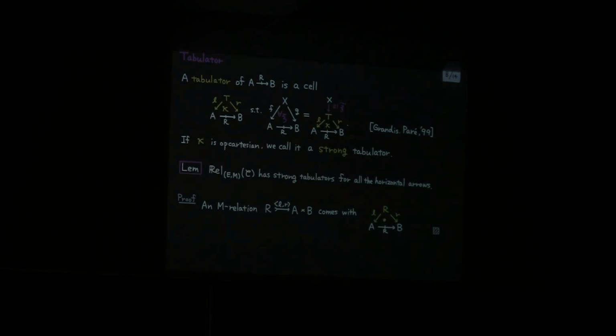The proof is simple, at least conceptually, because an M relation is defined as a special kind of span, so it itself gives the tabulator of this M relation. And the intuition behind this is that a tabulator is a comprehension of relations, if you are familiar with the comprehension scheme in fibrations or the comprehension axiom in set theory. But anyway.